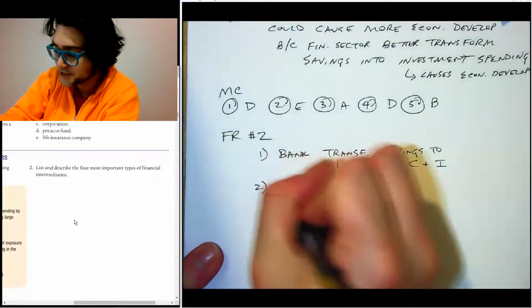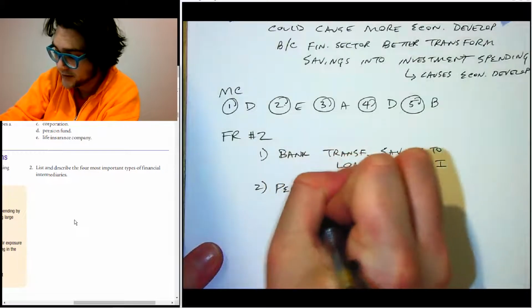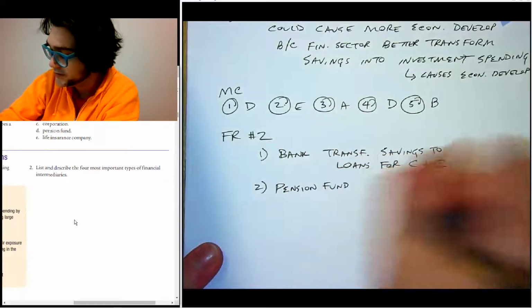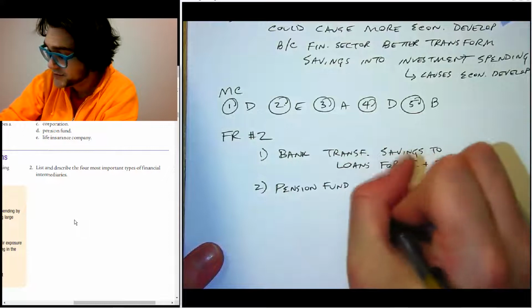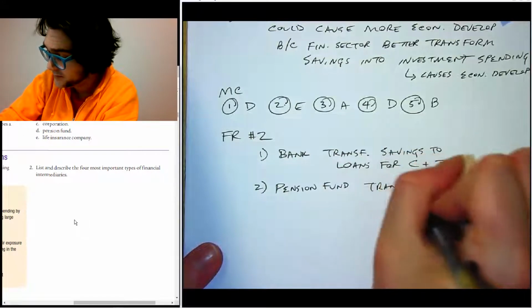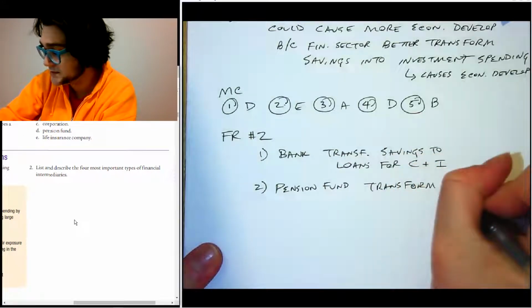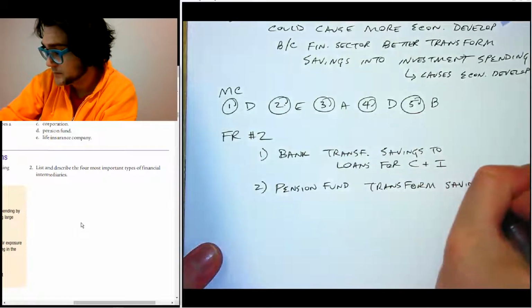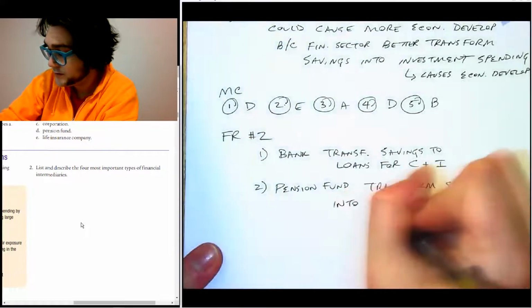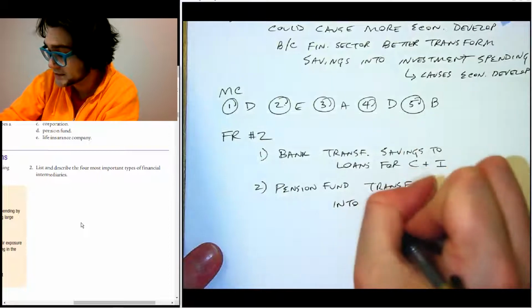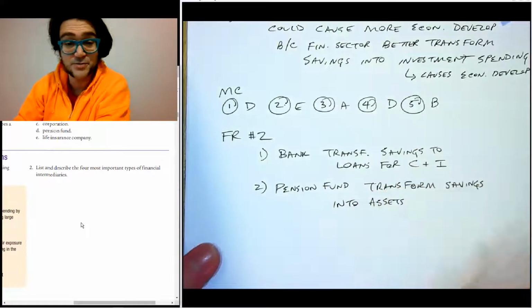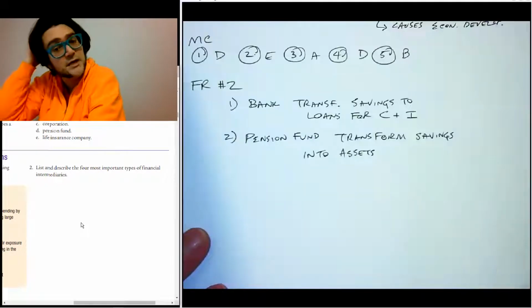The second type is a pension fund. And I'm not really doing these in any particular order. And they transform savings into assets, financial assets typically, but not always. They can own real estate.